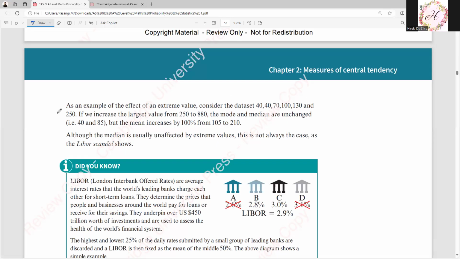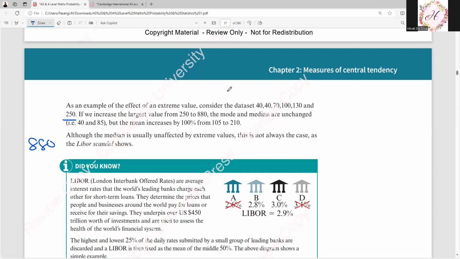If we increase the largest value from 250 to 880, think that the 250 here would be increased up until 880. Then the new set would be 40, 40, 70, 100, 130, and 880. If we calculate the mean, what will happen?